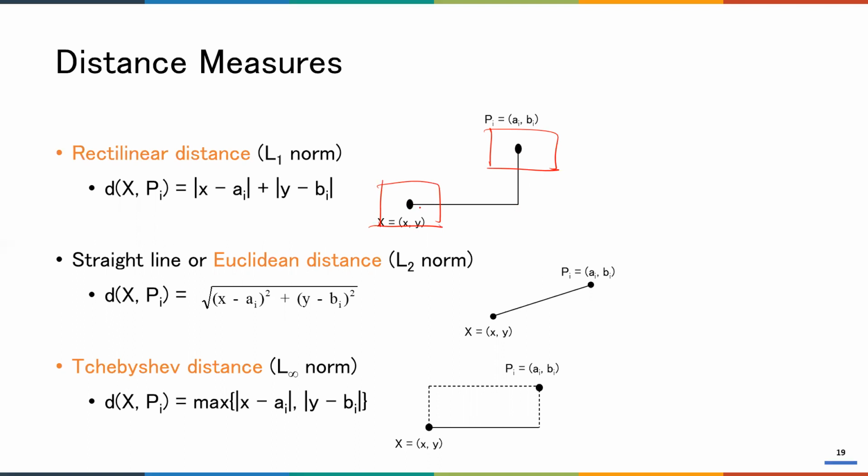In this rectilinear distance, you just make a kind of straight line according to these coordinates. So it means the distance traveled is calculated by having both vertical and horizontal distance.